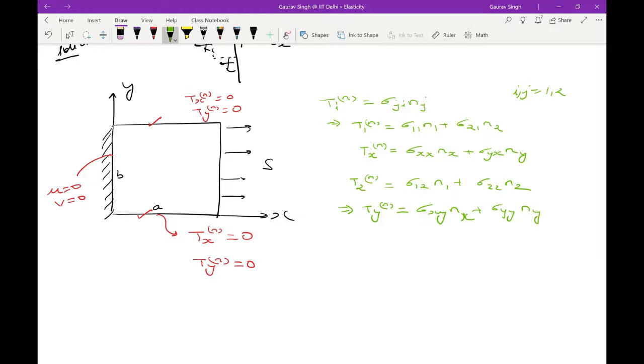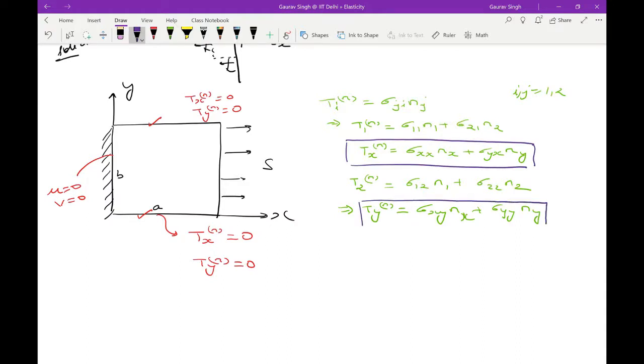Okay, so let's use these two relations and find out what the sigma values should be on these faces. Let's go with this one first. Tx of n is 0, so we are trying to use this relation. This is 0 equal to sigma xx times nx. So what is nx? N is like this on this face.